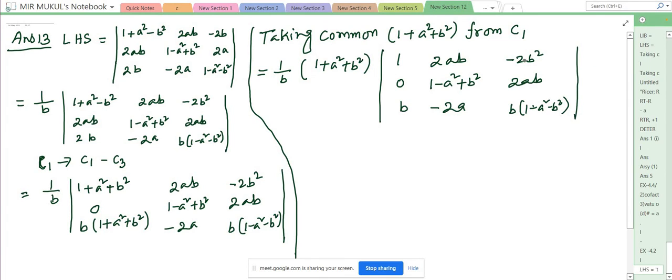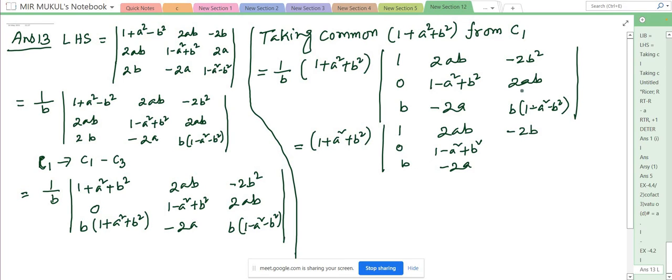Now this 1 by b multiplies with C3, times 1 plus a square plus b square. So 1, 0, b; then 2ab, 1 minus a square plus b square, minus 2a; and if you multiply 1 by b here, we'll get minus 2b. Here you will get 2a, and here you will get 1 minus a square minus b square.